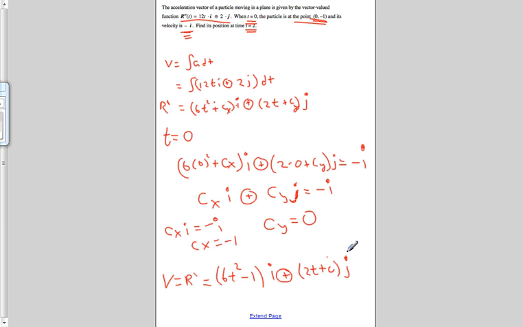Now I'm going to use this equation that I just found and integrate that to get a position curve. But let's do that on the next page.